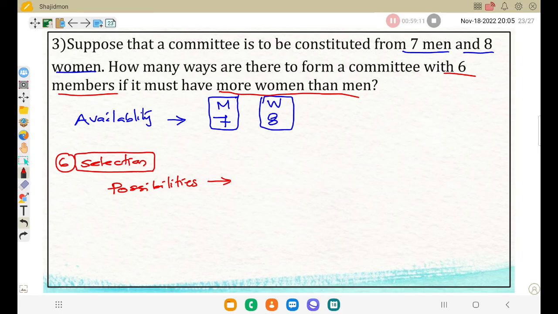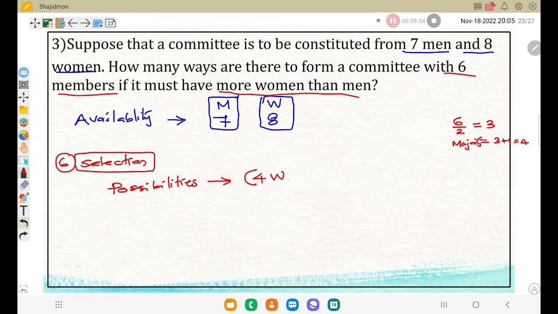For example, we can select 4 women because 6 is the total number. Half of 6 means 3. So majority means 3 plus 1, that means 4 women minimum, correct?